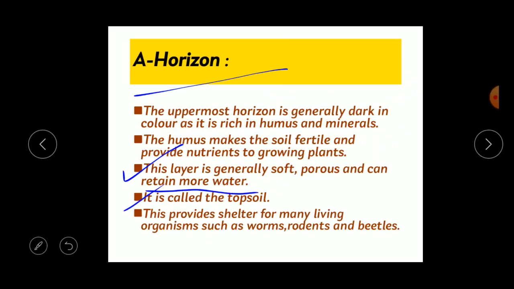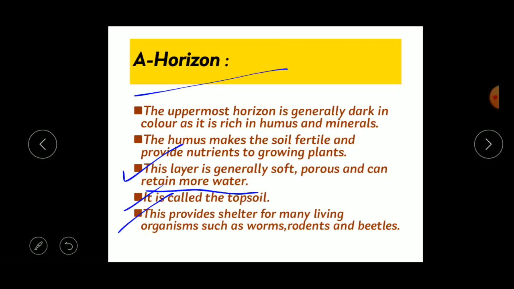The A horizon is also called the topsoil. This provides shelter for many living organisms such as worms, rodents and beetles. As we know, the soil, especially this A horizon soil, provides shelter for many living organisms as well as insects such as worms, rodents, beetles, etc. Okay, so this is about the A horizon.